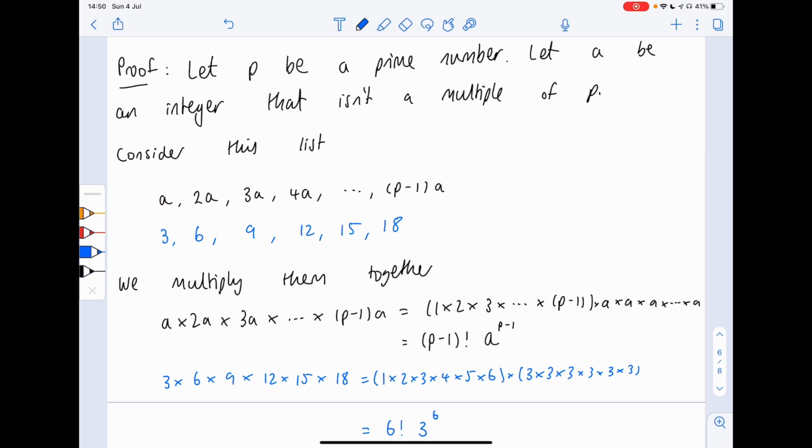So then maybe here comes the hand wavy bit.